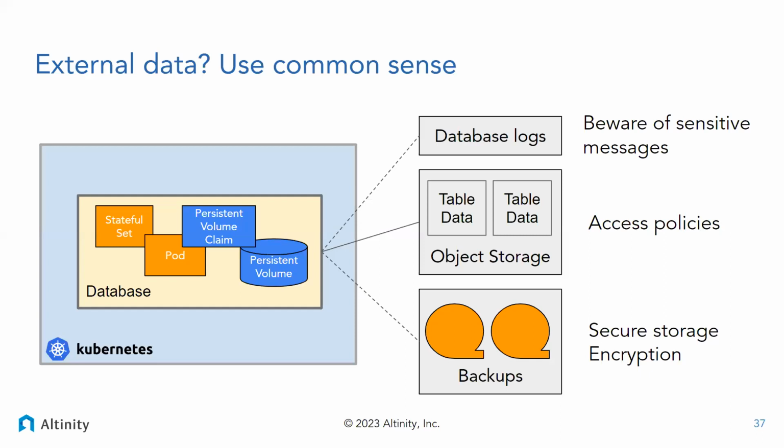So it is possible to put filters in ClickHouse to define regex expressions that will allow you to suppress certain types of logs. That's something you should definitely consider, for example, to prevent things like personally identifiable information from weaseling out.